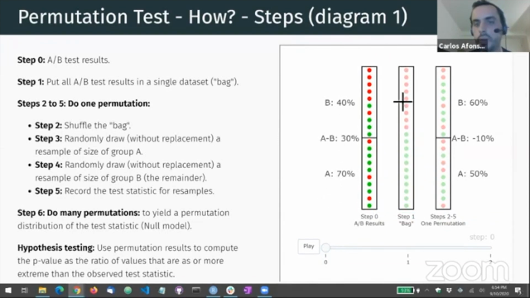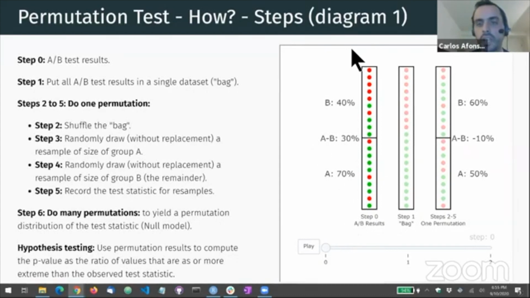And group B, we had 4 green balls, and the rest are reds. So from the A/B test results that we just checked, we had a 70% yes rate or success rate for A, 40% for B, and the difference between A and B was 30%. And now we want to determine if this 30% is statistically significant or not. Okay, so this is our step 0.